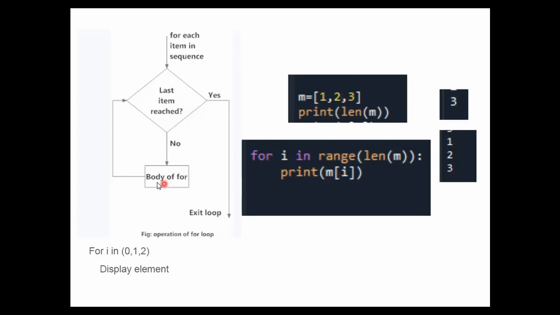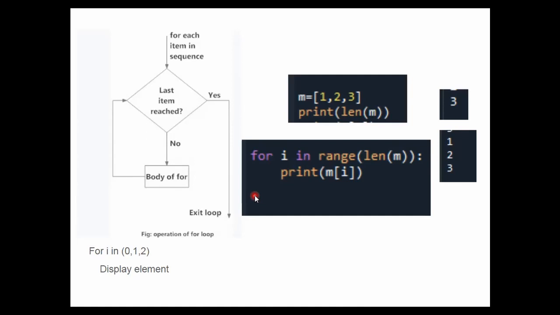Now after execution of the body of the for loop, again it will enter the for loop. Now this time the value is not present here, nothing is present. So that is the last element. So whether the last element is reached, yes. So what will come? It will come out of the loop. Whatever is present after the for loop body will be executed.